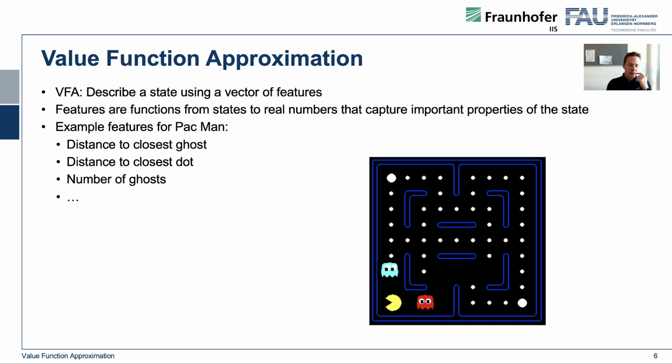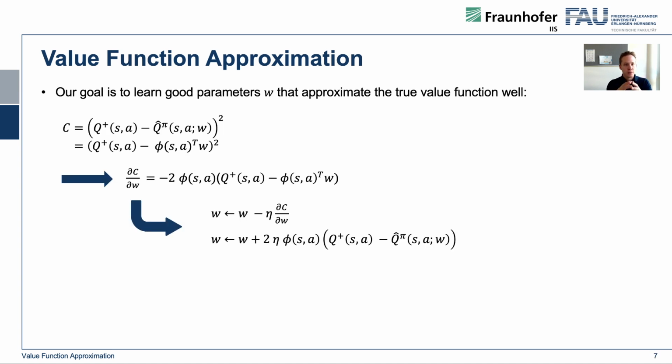I told you very shortly that we will focus on differentiable function approximators in this lecture. As we know, machine learning is really keen on gradient-based approaches to optimize a value function. The general idea is that we define a cost function, which is the Q target of our state-action pair, the sample, minus the prediction of our network.